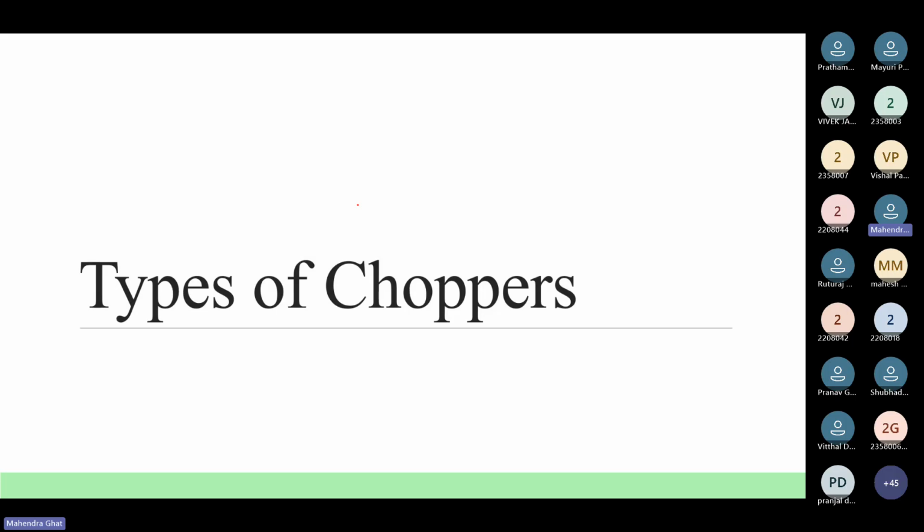But generally, when you study DC-DC converters in any syllabus, they will call them choppers and divide them into different types: first quadrant chopper, second quadrant chopper, third quadrant chopper, fourth quadrant chopper. They are also called chopper A, chopper B, type A, type B. As per the syllabus, I am just giving the overview of these types of choppers.